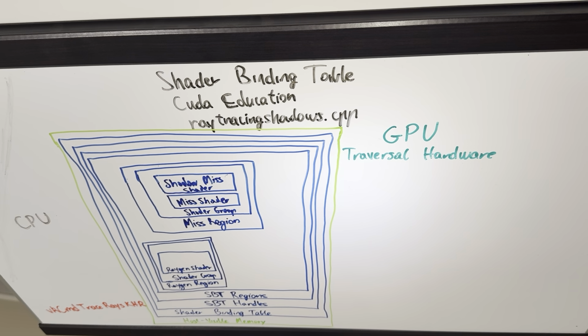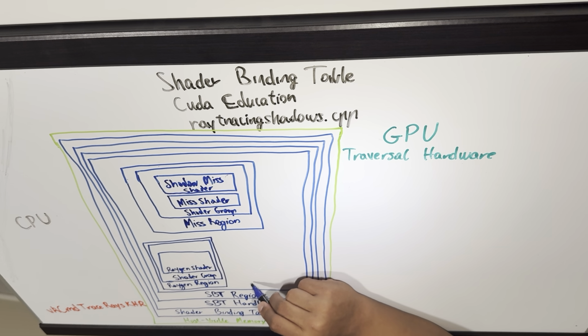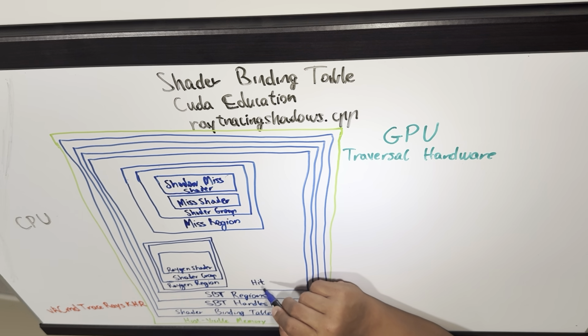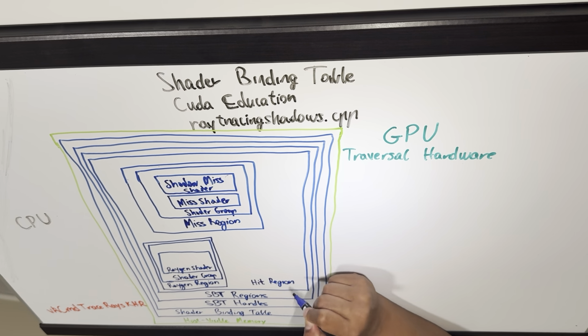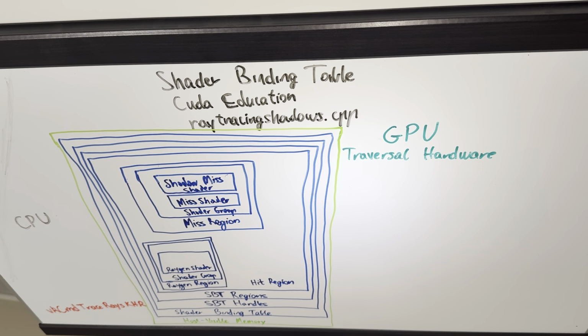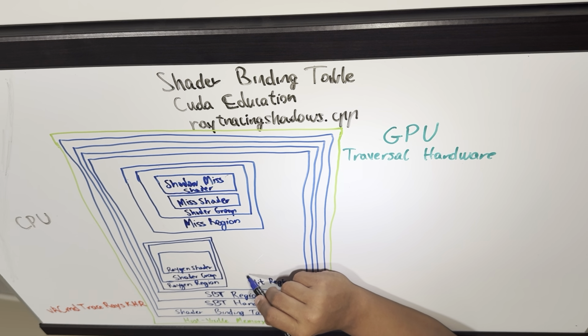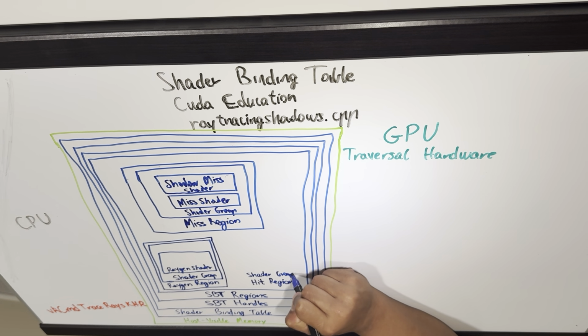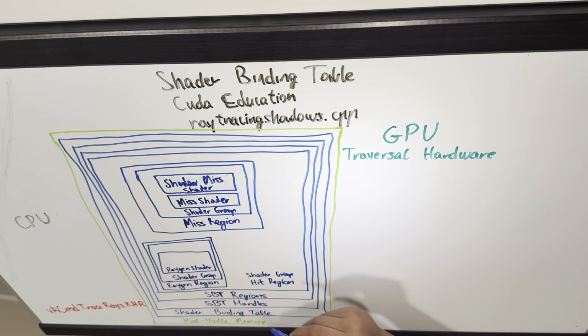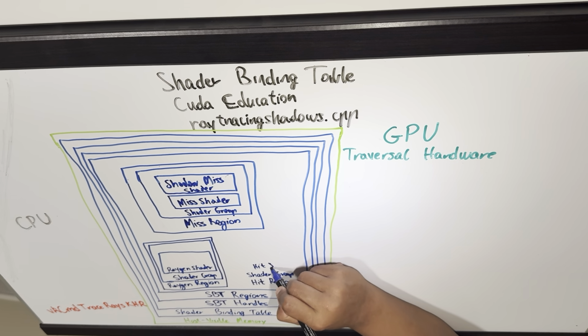We have talked about this in previous videos. I'll get to that more in a second. All right, and then we have our hit region, shader group, and our hit shader.